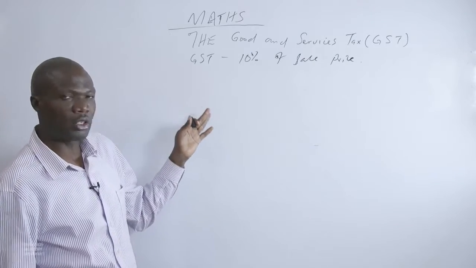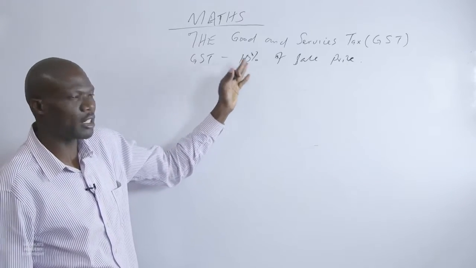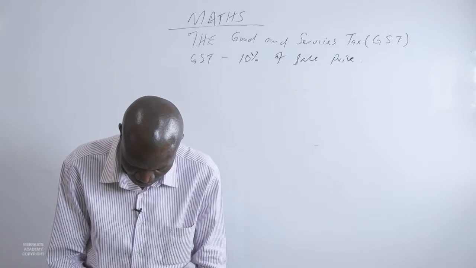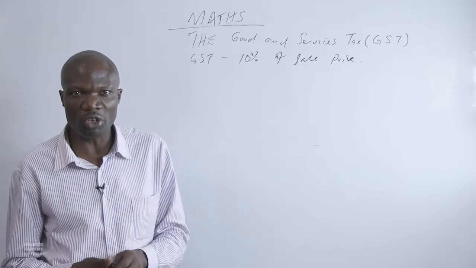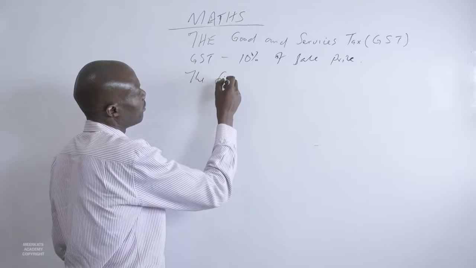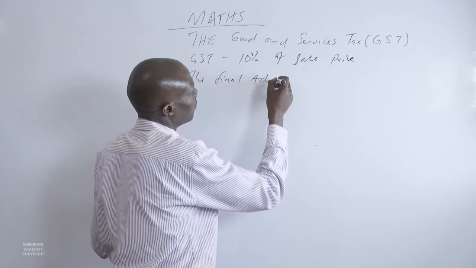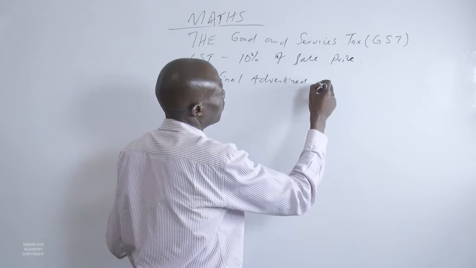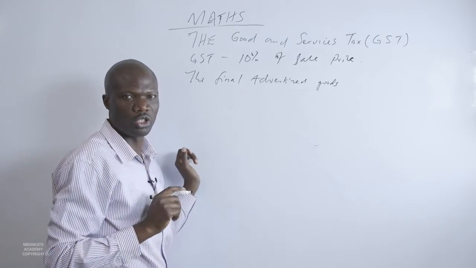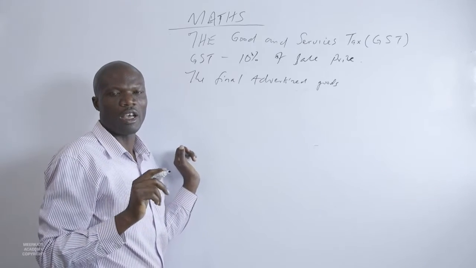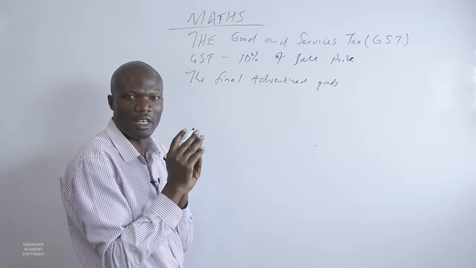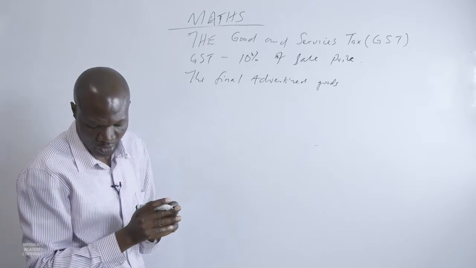Now, besides knowing that 10% is what is charged on sale price, we must also know that the final advertised goods are already inclusive of the cost plus the 10%.